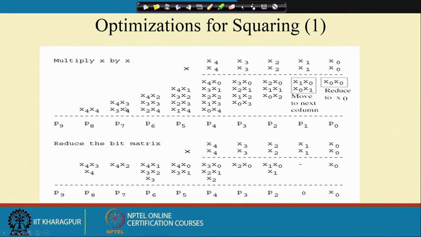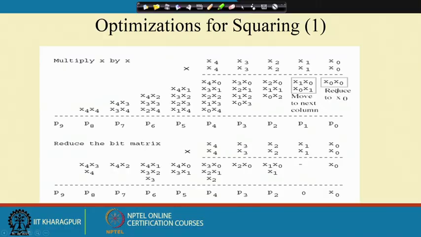In a multiplier, whenever we get the partial products, what we do is add them column wise. How I add depends on the different architecture.